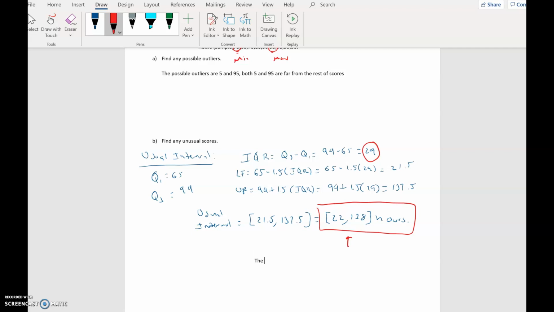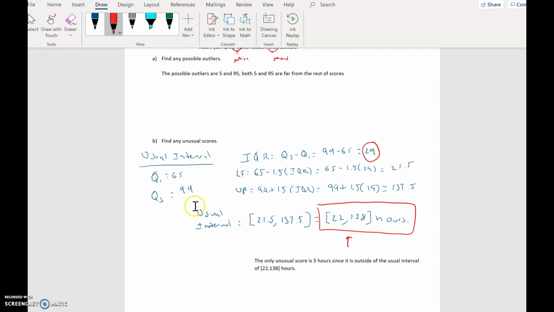So the only unusual score is technically 5 hours, since it is outside of the usual interval of, and in this case our usual interval ended up being 22 to 138, and the units on this one is hours.